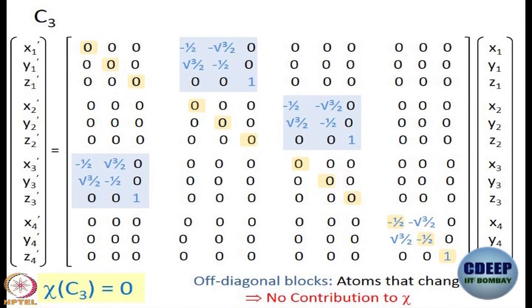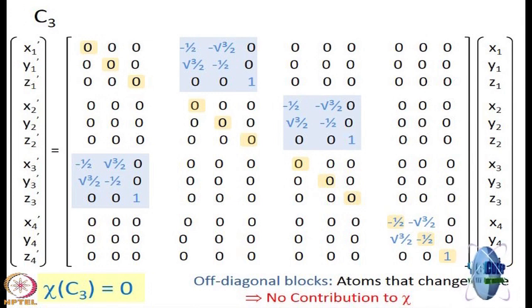Only the coordinates of atom 1 make a non-zero contribution to the transformed coordinates of atom 3. Why? That is how the transformation has taken place. So, what we see is that if atoms change place, then the non-zero blocks actually go off diagonal. What is the only atom that has made some non-zero contribution to the character?